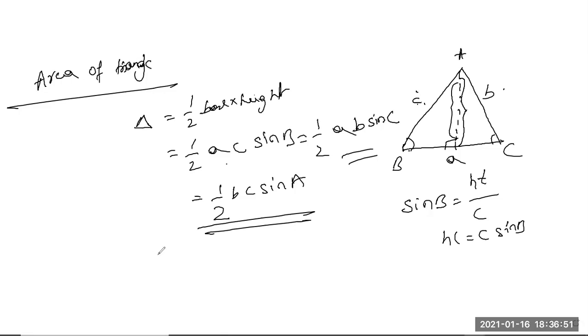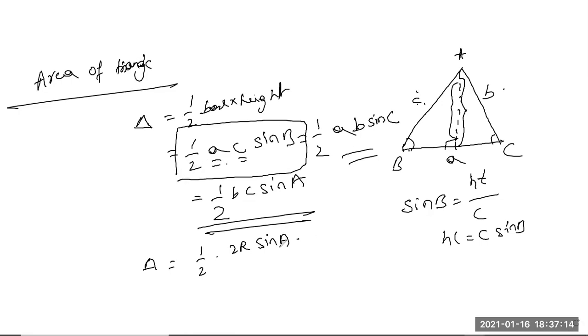Now another formula is 2r sin A, 2r sin B. You know that A is equal to 2r sin A, C is equal to 2r sin C. So you can write it as half into 2r sin A. I am taking this one; you take any one, you will get the same thing.